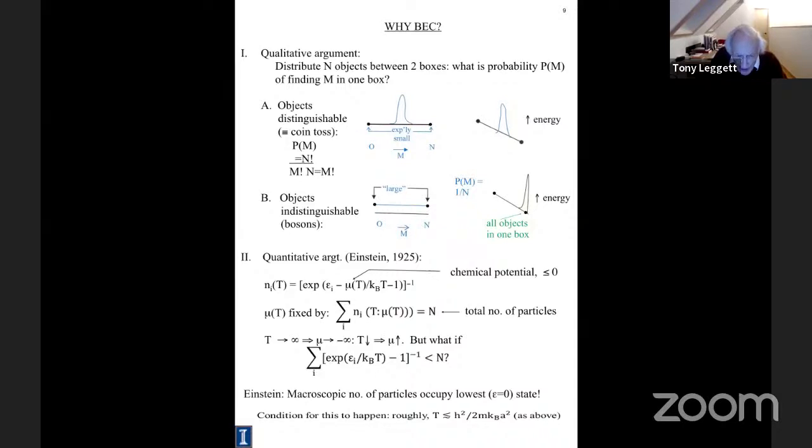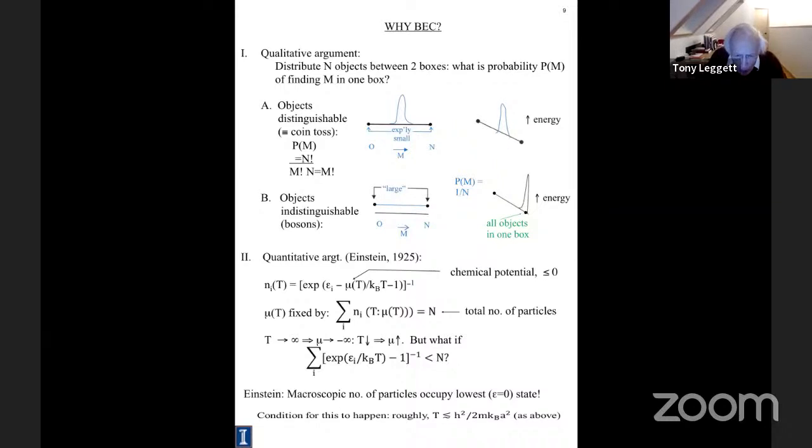So they're distinguishable in any ordinary sense. Then it turns out the problem is just the same as tossing an unbiased coin. And you find that the number of ways of getting m particles in one box is very strongly peaked around a half. So if you toss 100 coins, then the odds are that you're going to get somewhere near 50 heads and 50 tails. You won't get exactly that, but you'll probably get something close to it.